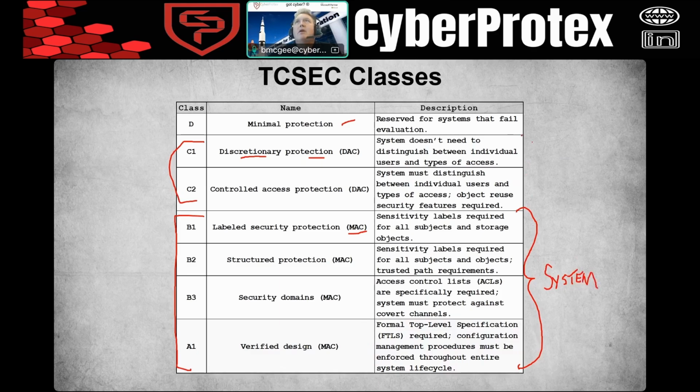Whereas the C's here, the discretionary protection and controlled access protection, are both discretionary access control. And these are controlled by the users. Okay, so discretionary access control is users; if the system controls it, it's mandatory access control.